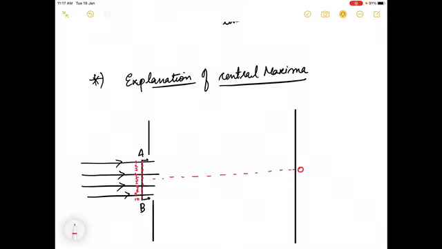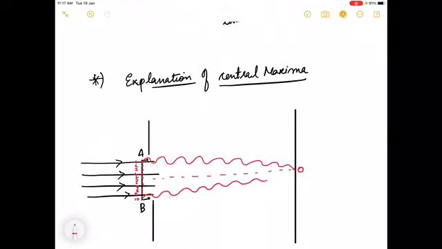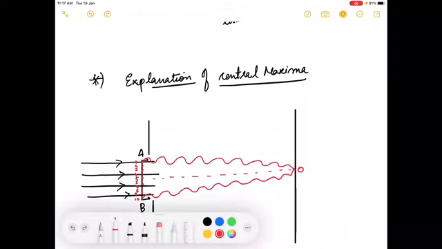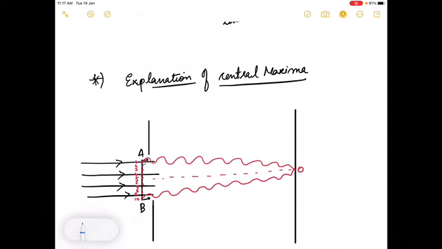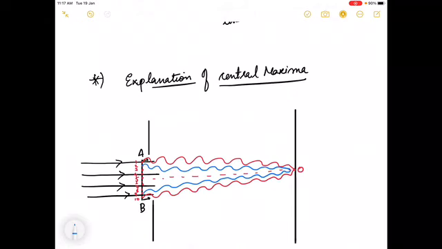Let me say the first disturbance will emit a wave which will meet at point O. The 10th will emit a wave which will meet at point O. Very similarly, the second will emit a wave, and the ninth will emit a wave which will meet again.